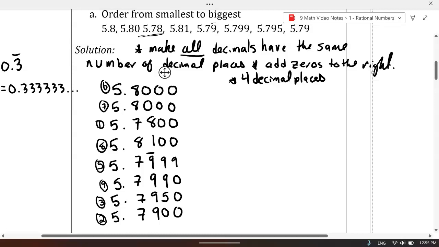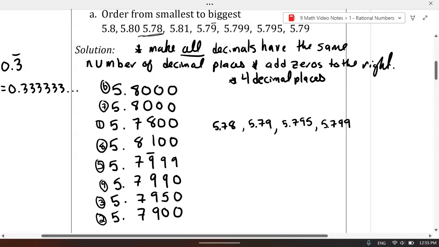So I'm going to say 5.78, and then the second one is 5.79, and then the third one is 5.795, because in the answer it doesn't have that extra 0.